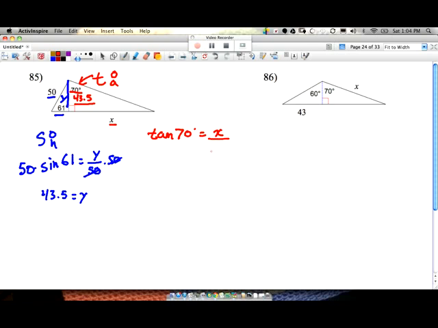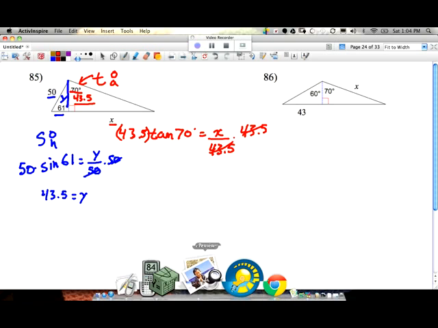Cool, cool, cool. This one's actually a little bit easier to solve than some of the other red groups we've done. We just multiply by 43.5 on each side. And that'll give us x. So 43.5 times tangent of 70. Well, tangent of 70 is 2.75.